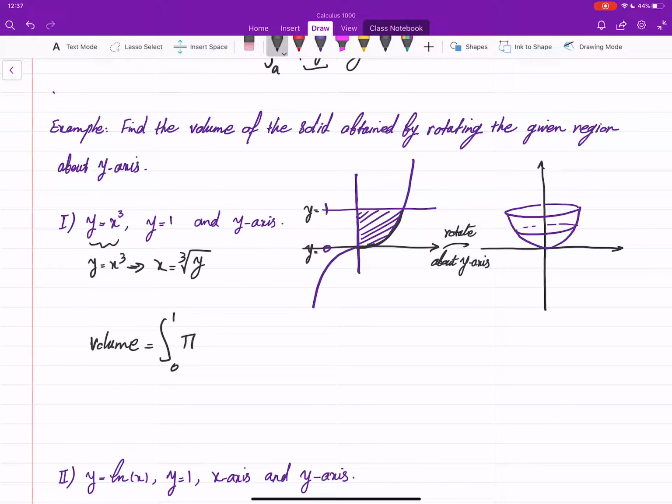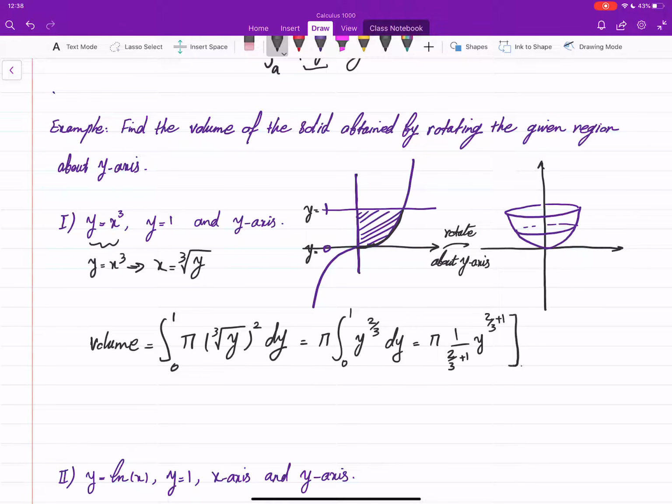So pi, the cube root of y squared, dy. Pi goes out, integral 0 to 1 of y to the power 2 over 3 dy, and this gives us 1 over 2 over 3 plus 1. This is the power rule, from 0 to 1.